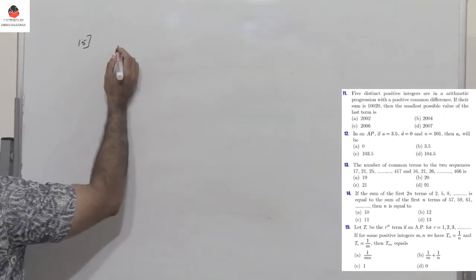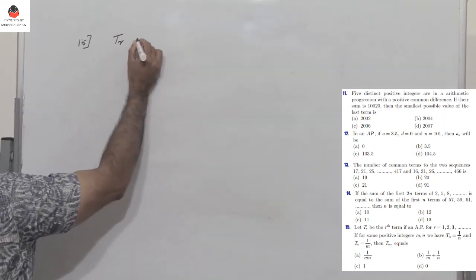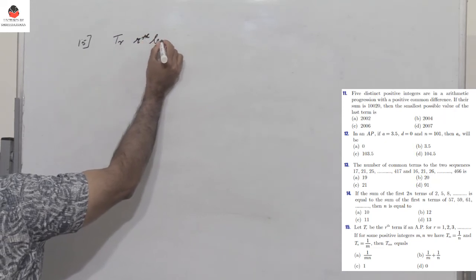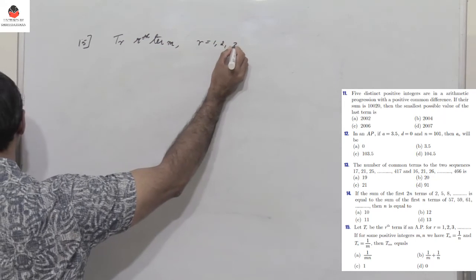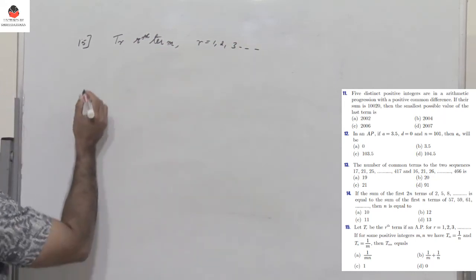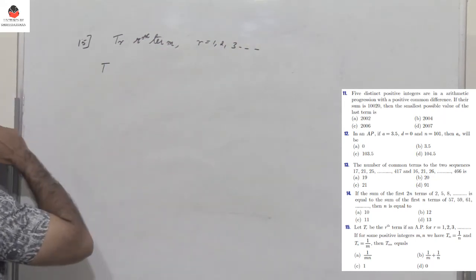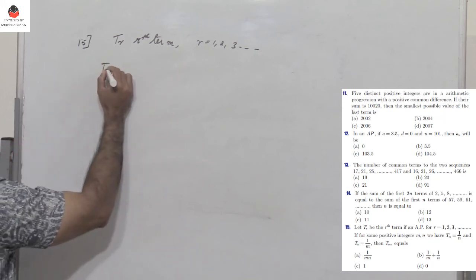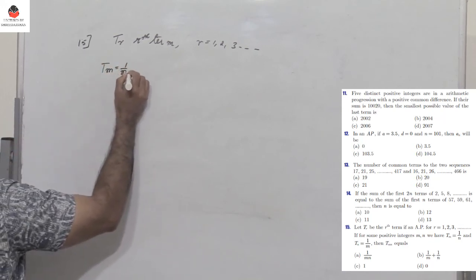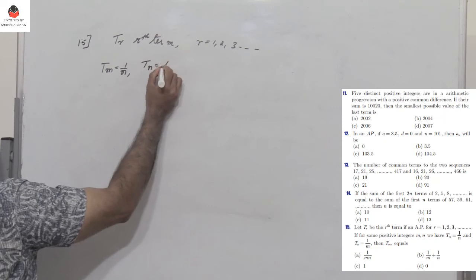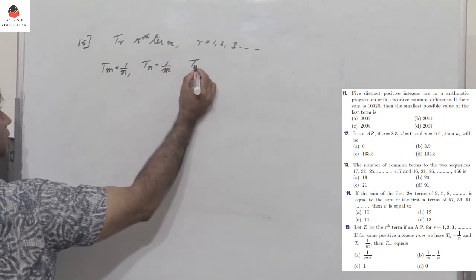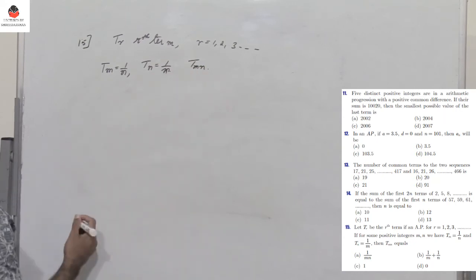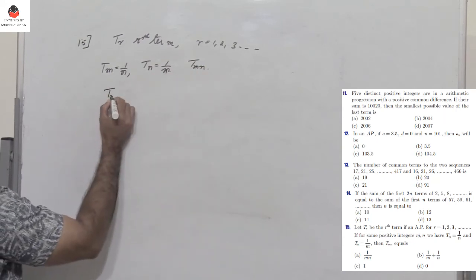Let Tr be the rth term of an AP, where r equals 1, 2, 3 and so on, right? So now there are two positive integers m and n, where Tm equals 1 by n and Tn equals 1 by m. So we need to find the value of Tmn. Now what is Tm?